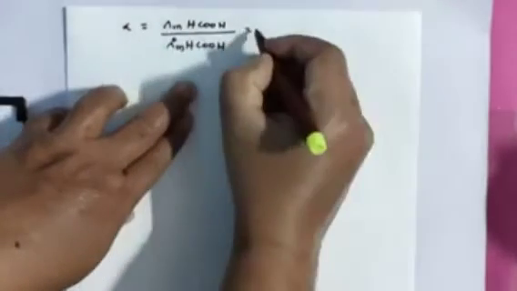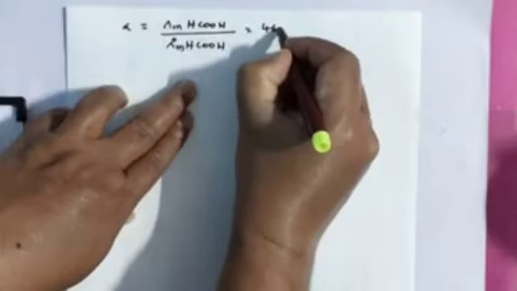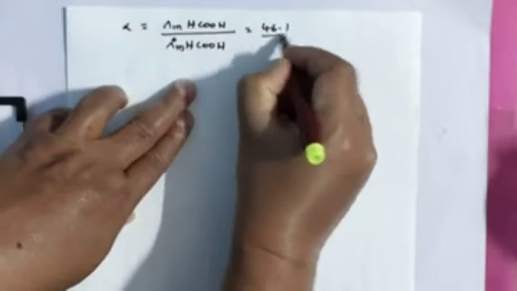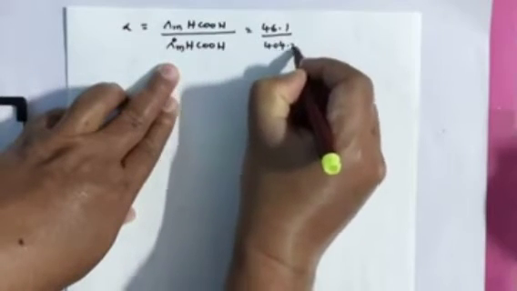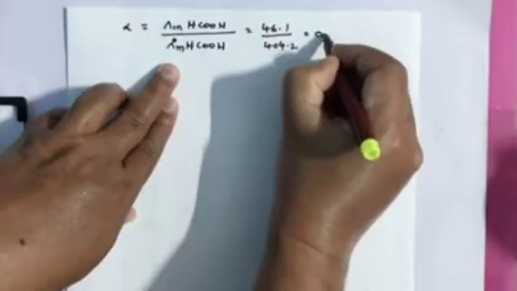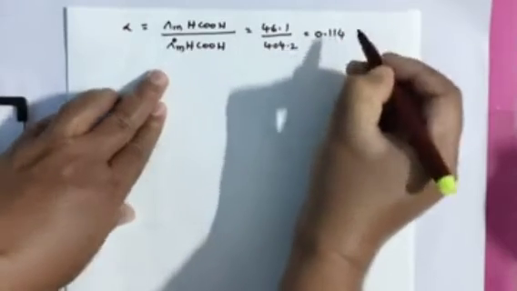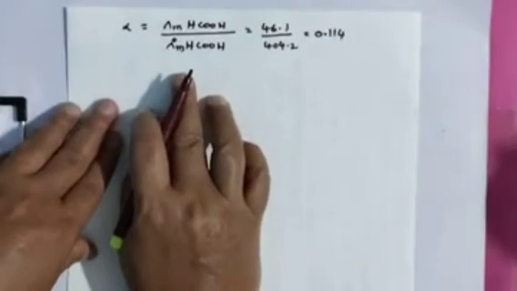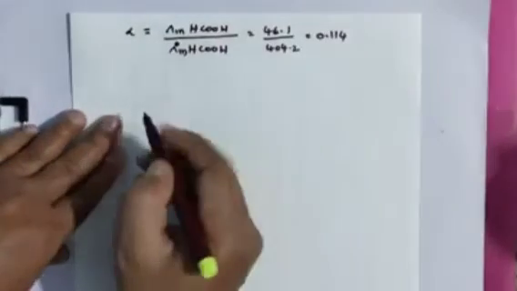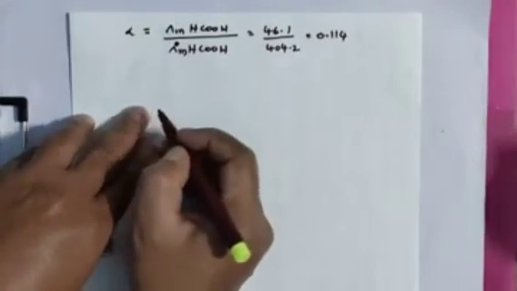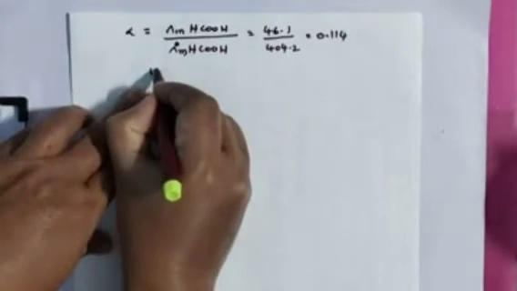They given Λm, that is 46.1, and we calculated the infinite dilution value, that is 404.2, that is equal to 0.114. So we got the degree of dissociation. Clear? Next, you know the equation already.